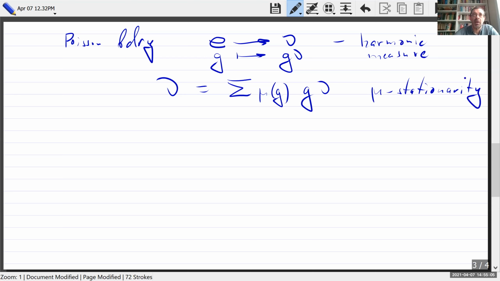Now one consequence of this mu stationarity is the following, that if we take an arbitrary function on the boundary, in L infinity on the boundary endowed with the measure nu, then I can assign to this function its integrals with respect to the translates of my harmonic measure.